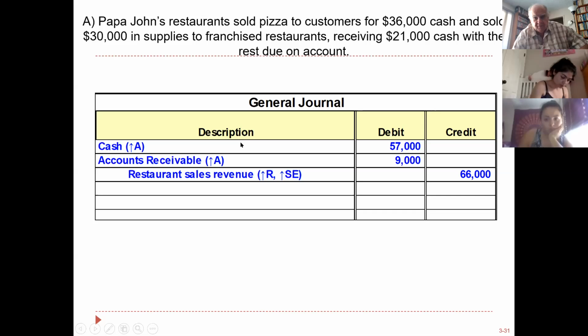Cash went up 57,000. The amount of revenues they received is $66,000. That's the 36 plus the 30. The difference between the 30 and 21 represents accounts receivable. Accounts receivable. Anybody have any questions so far?